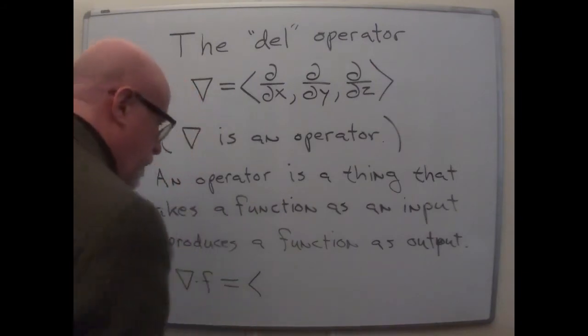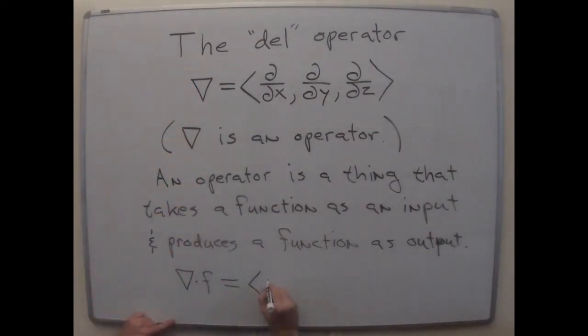I'll write it in stages. This looks like partial x, comma, partial y, I'm just writing down what del is, comma, partial z, times a function. Let's just leave f without the x, y, or z after. Just look at it as if it were a scalar thing.